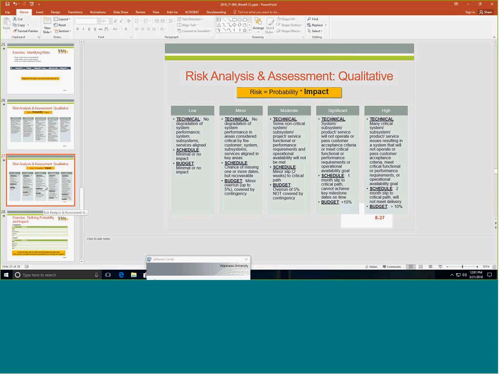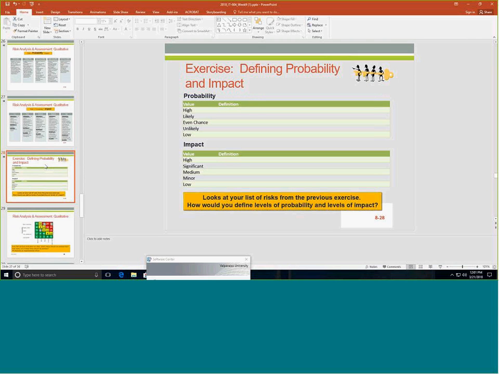So then, it's important to understand what our organization's definition of probability and impact is. And for that, remember those 2 risks that I asked you to think about, that we just revisited a couple of slides ago, right?